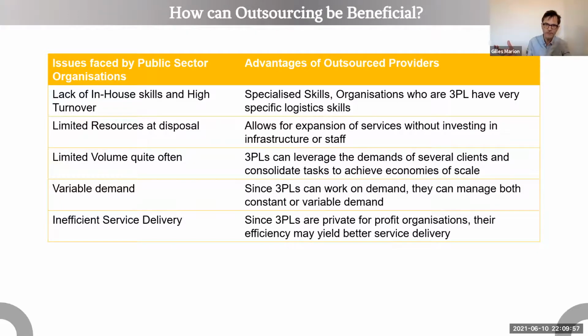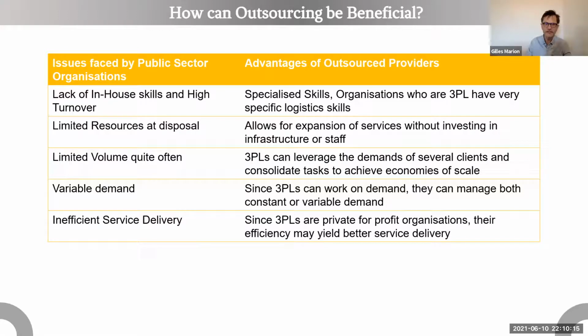The good thing with the third-party logistics is that they will work with other clients. So they can have a very high infrastructure, a very big pipeline, of which you will use only part, and it can grow and move according to the season.